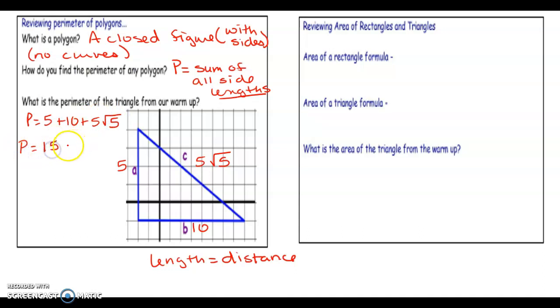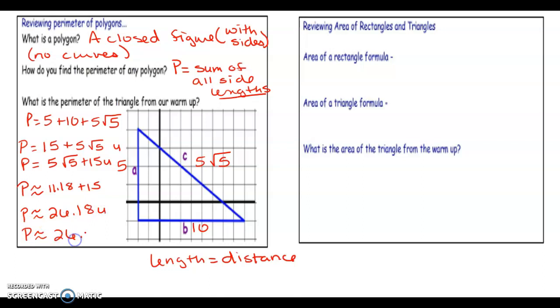I can either say the perimeter is exactly equal to 15 plus 5 root 5 units, or 5 root 5 plus 15 units, or I can say it is approximately equal to, taking the decimal value of 5 root 5, 26.18 units. And if it told me to round to the nearest tenth, I would say 26.2 units.